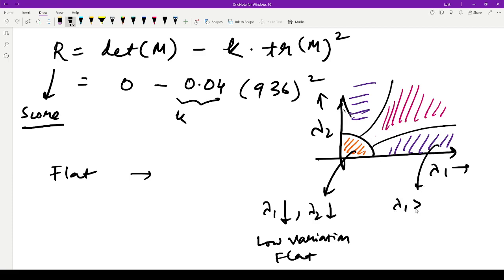This is lambda 1 much greater than lambda 2. It's an edge because there is high variation in one direction.